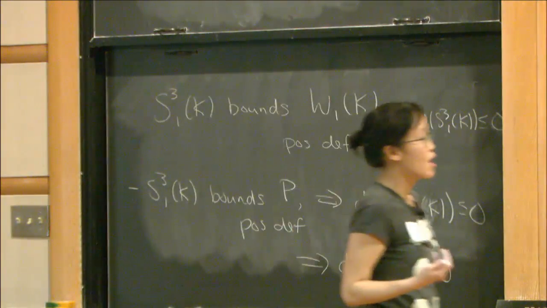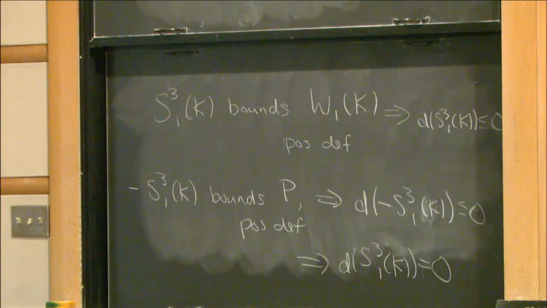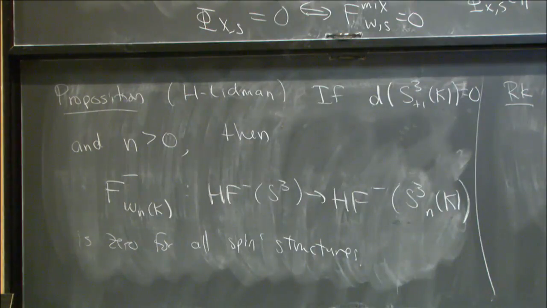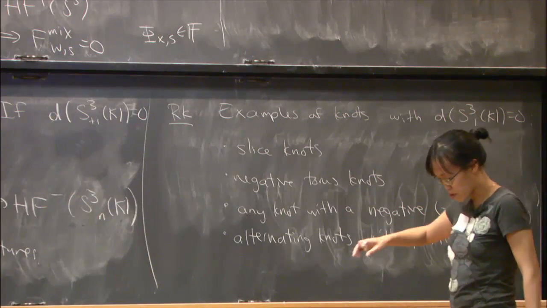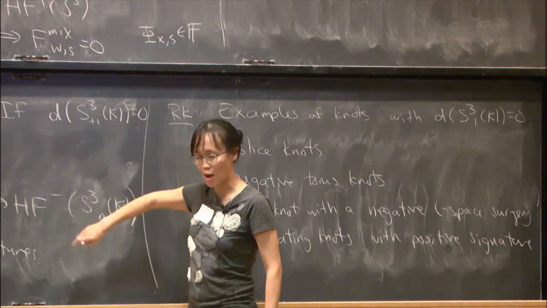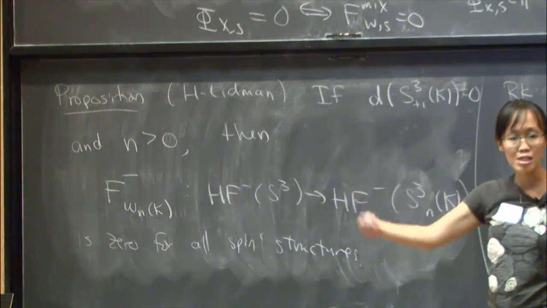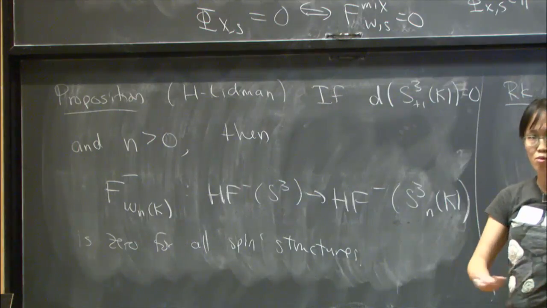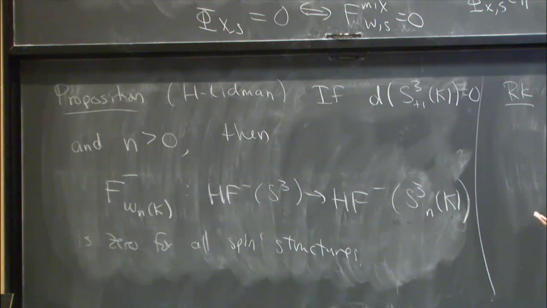Great. So now we can apply this proposition. So this tells us that this map F minus is 0 for all spin C structures. And now, remember, this map is the first step in the definition of the mixed map. So if we show the first map is 0, then the whole map is 0. And so if the mixed map is 0, then the four-manifold invariant is 0.